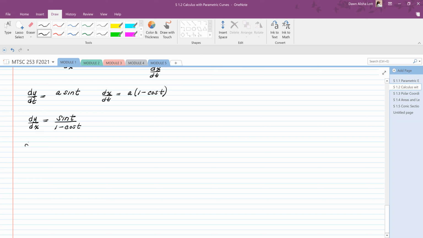All right, so therefore we take the derivative with respect to t, so d squared y over dx squared.